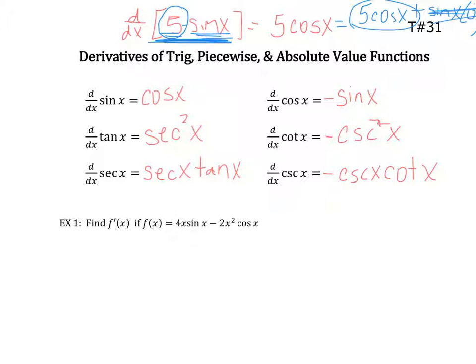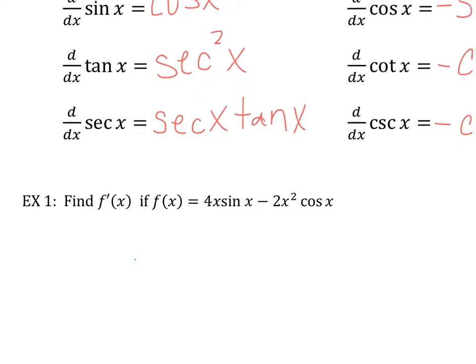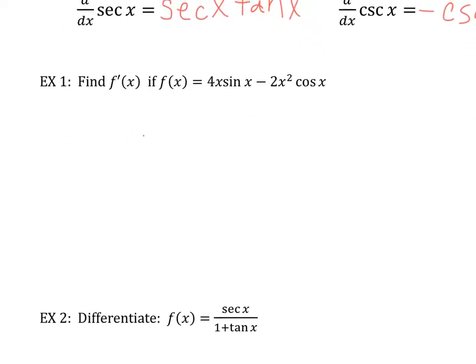But when I get to this example, example 1, I better be doing the product rule, actually twice, because I've got 2 different products here. So I have to look at this 4x and this sine of x, and then I have to do the product rule on this term to the right.